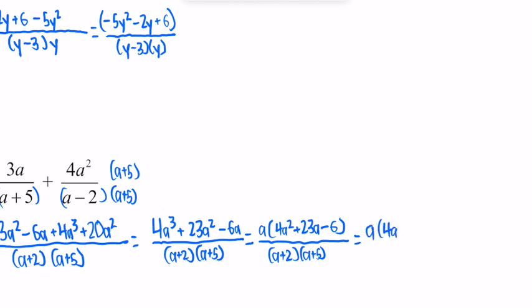We could have a 4a and an a, and then a minus 1 and a plus 6, like so. And then in the denominator, we still have a plus 2 times a plus 5. Now, it turns out, even after factoring, there's nothing we would have been able to do to reduce it. So that's it. That's our final answer.